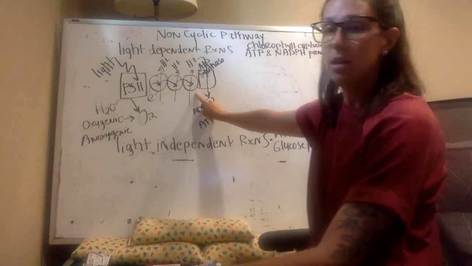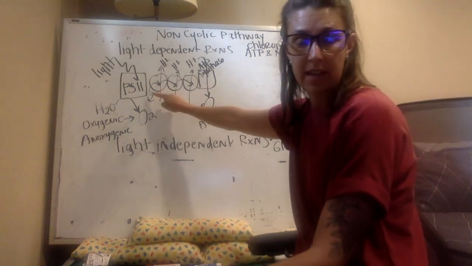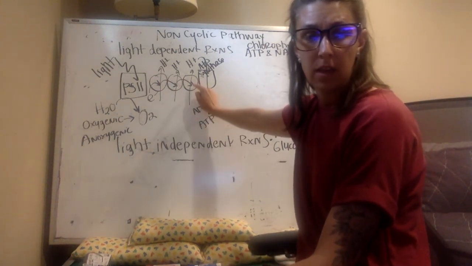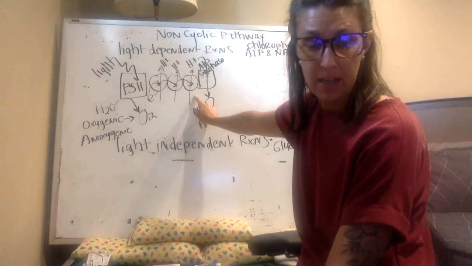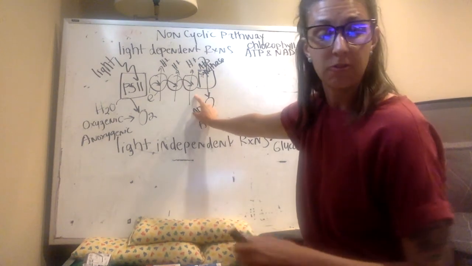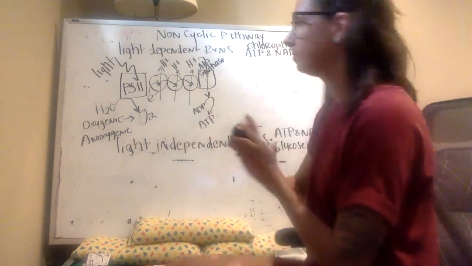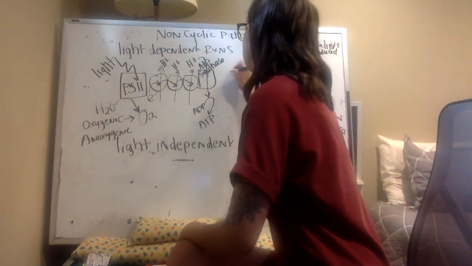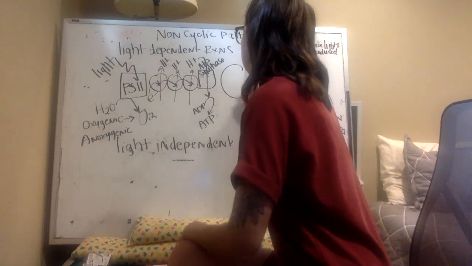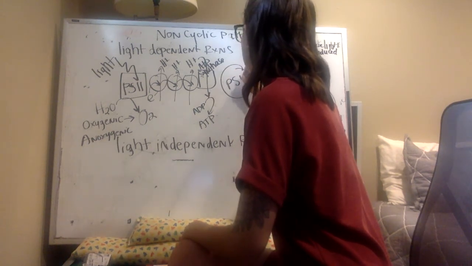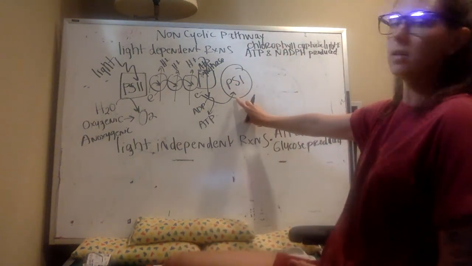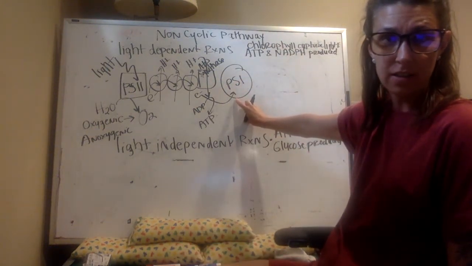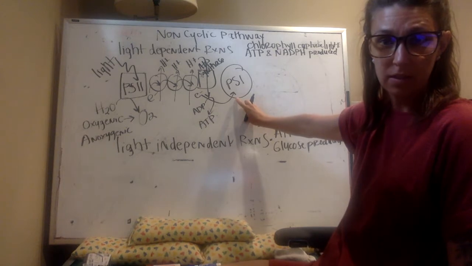All right, so the electron is passed down the electron transport chain, and the final electron acceptor is another photosystem. It's photosystem 1. So this electron gets accepted by photosystem 1.